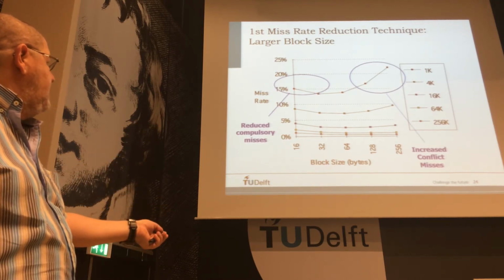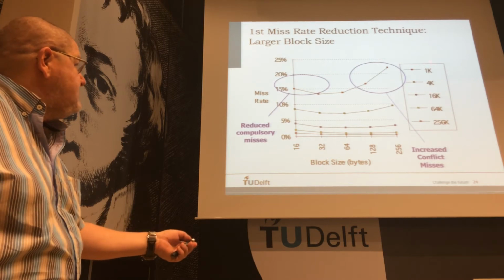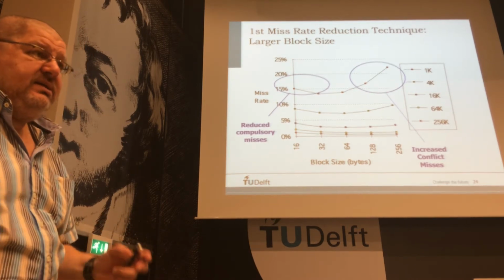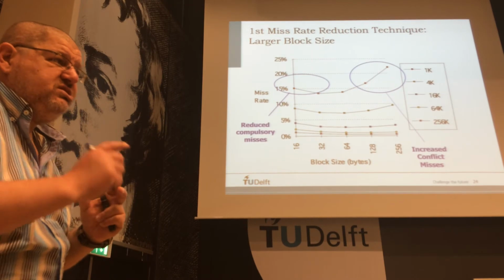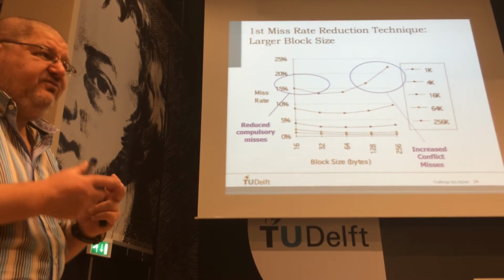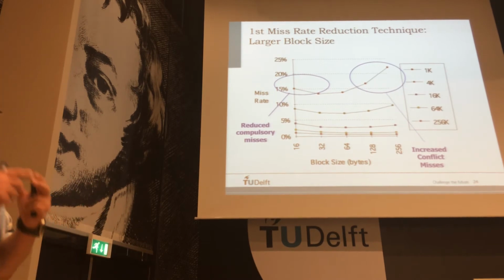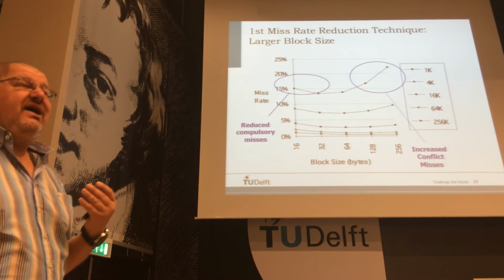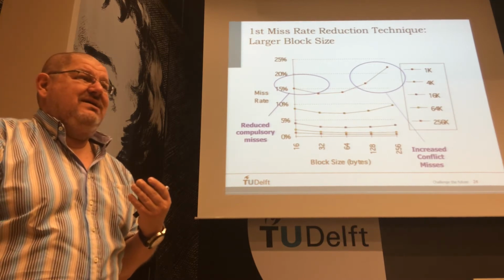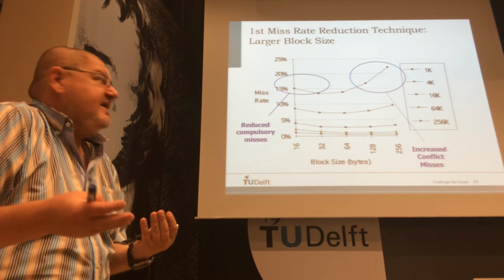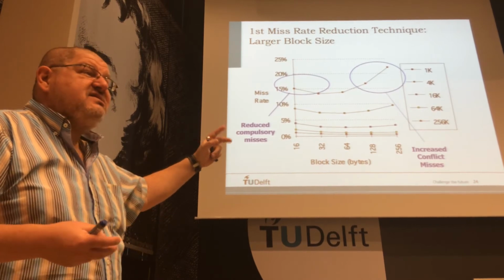Now when the cache is small, the dimension of the block does have an influence. If I have a small cache and a large block, it means that I do not have a lot of sets, and because I do not have enough sets, the conflict misses are increasing.